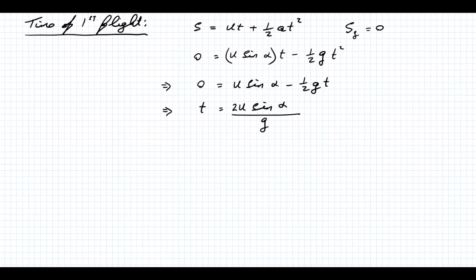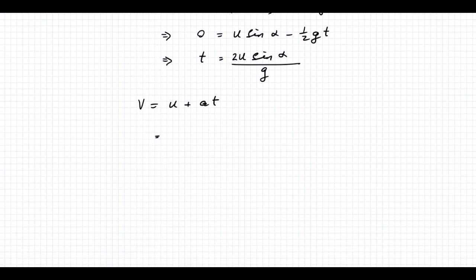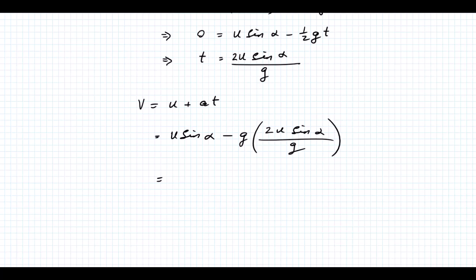To find the velocity then, we're going to use v is equal to u plus at. Our velocity in the y direction is u sine alpha, minus g times the time we've just worked out, 2u sine alpha over g.